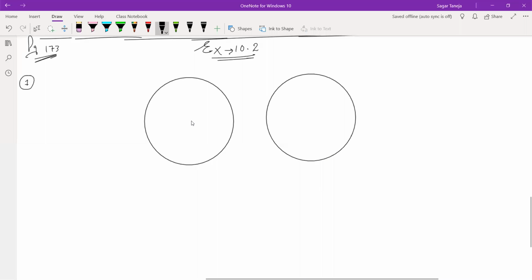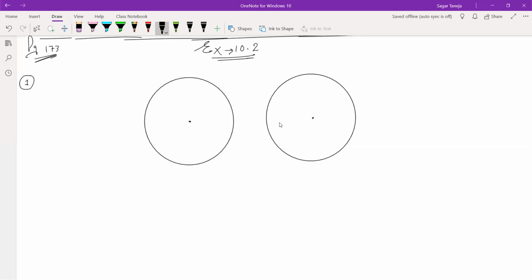You can draw two circles with radii of 2 centimeter, or you can draw two circles with radii of 3 centimeter, whatever. So there should be two circles with the same radius. If the radii of the two circles are the same, it means the two circles are congruent. That's it. So no need to prove any congruency in circles. If you have to make two congruent circles, it means two circles with the same area. For that, you have to make the same radius. So these are the two circles which are congruent to each other.